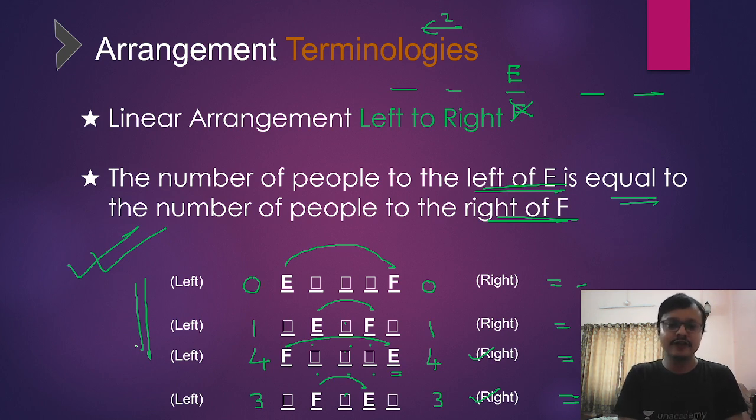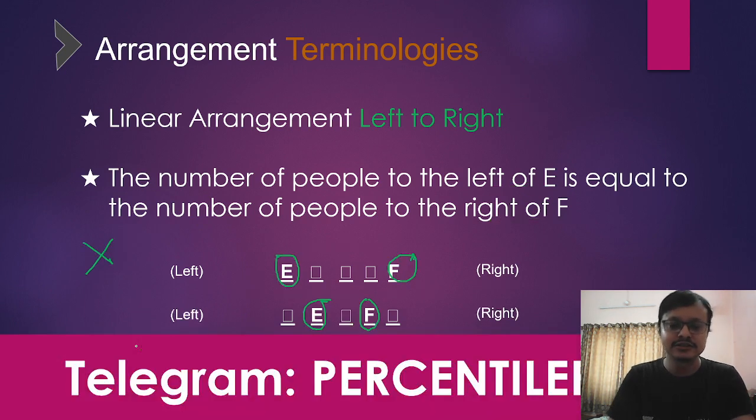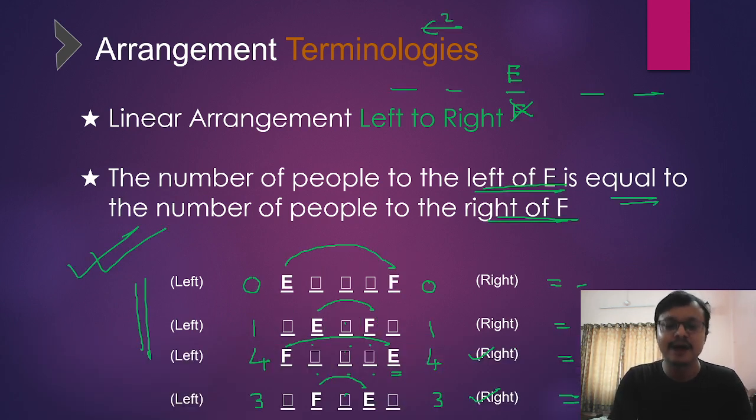But make sure you have a good understanding of these. In case you have any queries, reach out via either the Telegram channel or the comment section, on the understanding part as far as these arrangement terminologies and rules are concerned.